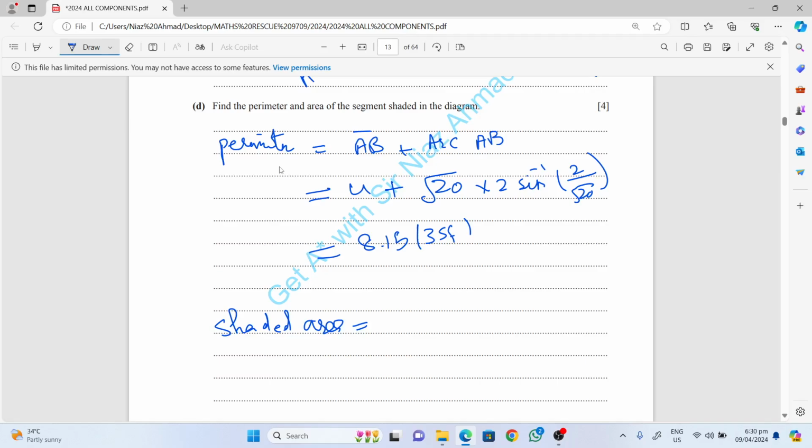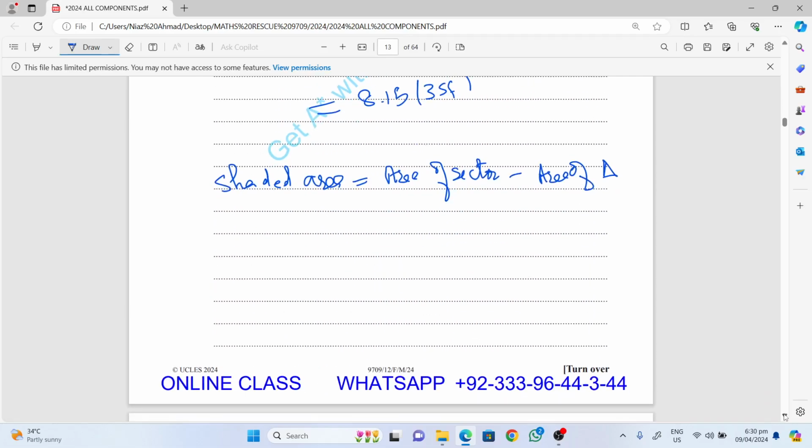So shaded area, if you want to get the shaded area, area of sector minus area of triangle. So area of sector is 1 over 2 r square theta.